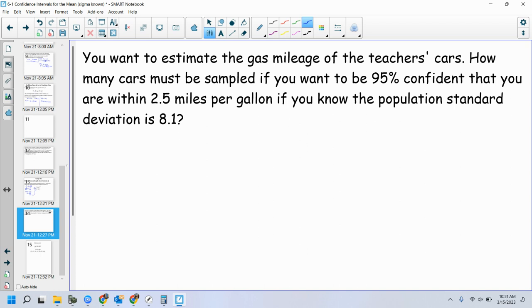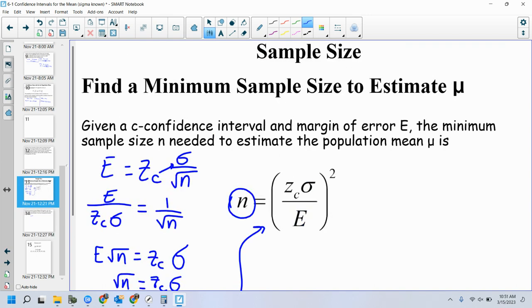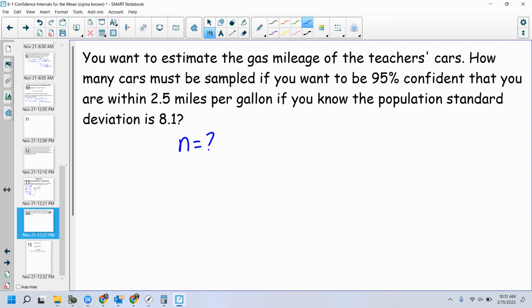So you want to estimate the gas mileage of teachers' cars. How many cars? So you're looking for n here. That's what we don't know. Well, the formula is n is equal to ZC sigma over E, squared. So what is ZC? Well, I go to my table.